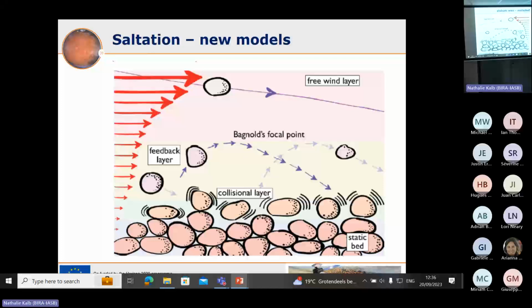But then if some of them get out of this layer, then you have this free wind layer where they're just taken by the wind and do something completely else. But they claim there's a layer even below this where there's kind of agitation and collisional things going on, kind of like a fluidized bed type situation. Who knows? That's as much as I understand about the model, to be honest.